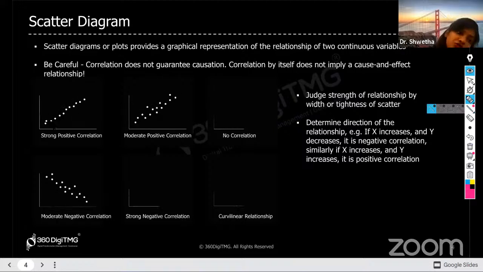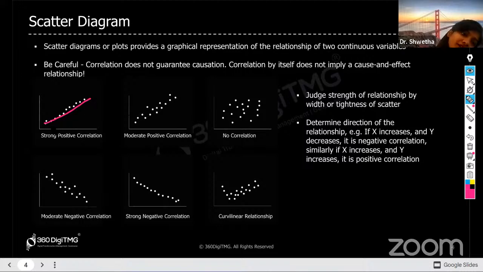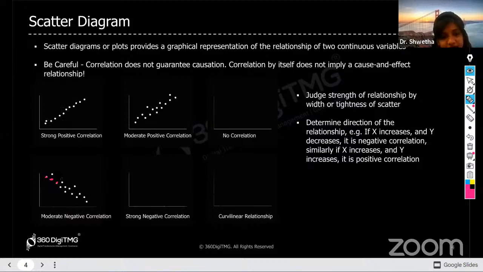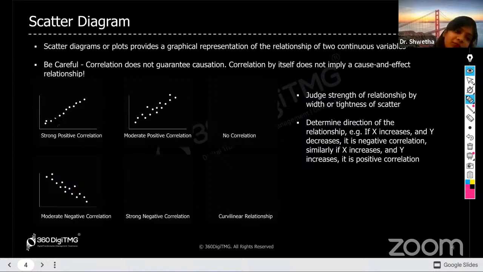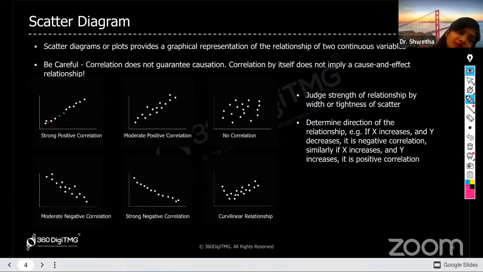This is a strong positive correlation wherein an increase in one variable is producing a positive change in another variable. Then there is negative correlation, as we saw in the second example, where an increase in one variable is producing a decrease in the other variable. This is also a correlation. Now, if the data points are closely clubbed, this means that there is strong correlation.